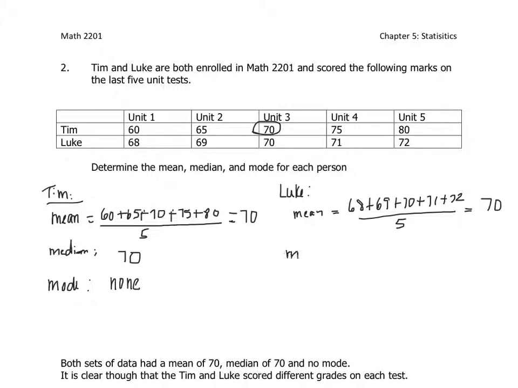And the median, again his data is in order as well, 68, 69, 70, 71, 72, so the middle is this piece right here. Half of 5 pieces of data will be 2.5, so 1, 2, and then there's the one that's in the middle. So the median would be 70, and again all the data pieces are unique, so there would be no mode.